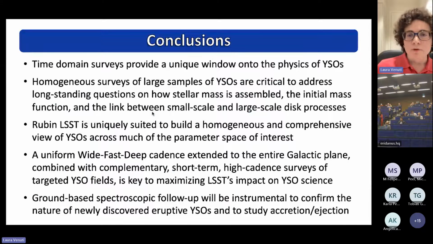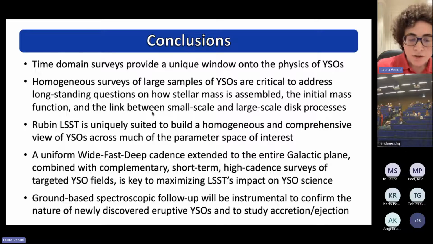So to conclude, time domain surveys provide a unique window to encode the physics of young stellar objects, and homogeneous surveys of large samples of young stellar objects, so large samples of young stellar populations, are essential if you want to address long-standing questions with regards to how stellar mass is assembled and on the initial mass function in star-forming regions.